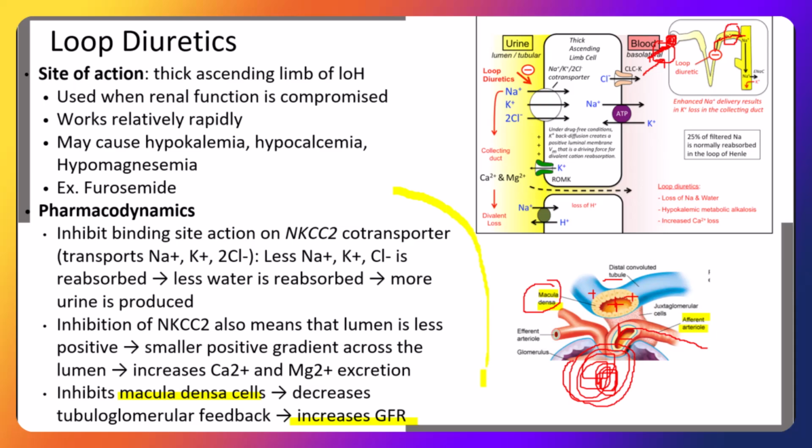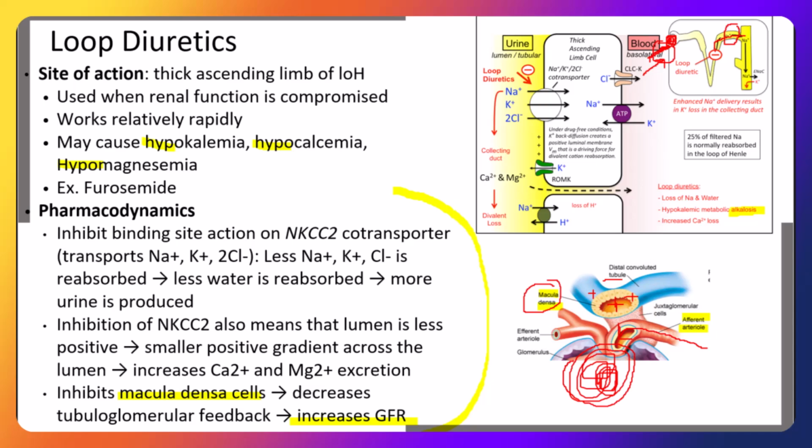So the net effect here is going to be an increase in the amount of sodium and an increase in the amount of water lost in the urine, bringing blood volume and blood pressure down. However, there are side effects related to reduction in potassium, calcium, and magnesium in particular, as well as what we discussed being the risk of alkalosis because of loss of hydrogen ions.